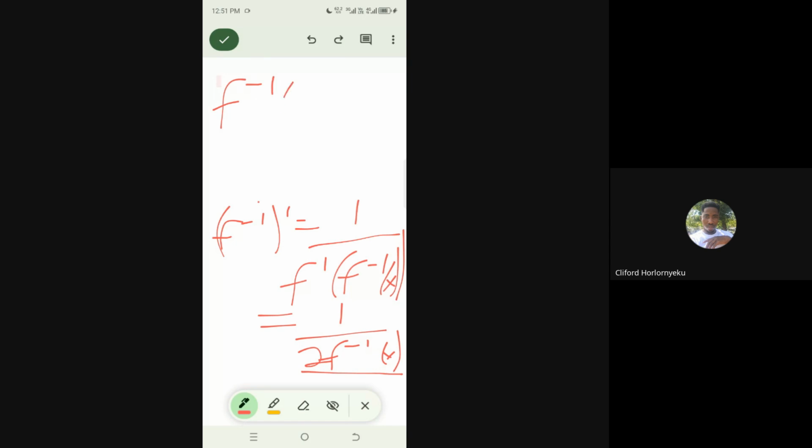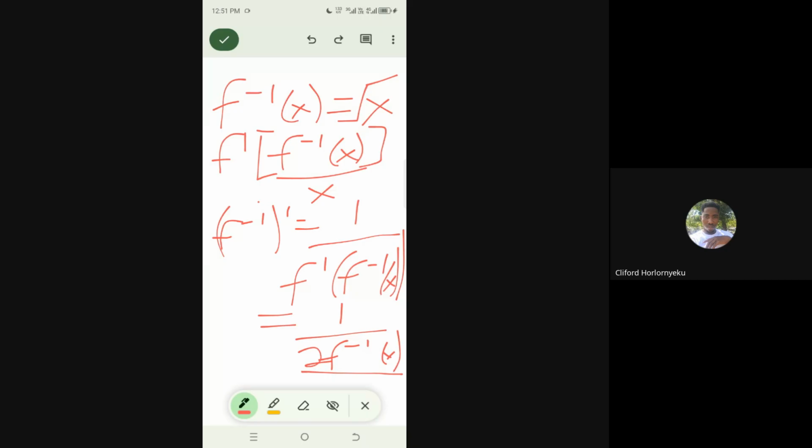F inverse of x, we are saying, is equal to root x. Now we are being asked to find f prime of f inverse of x, and we can represent the whole of this by x.